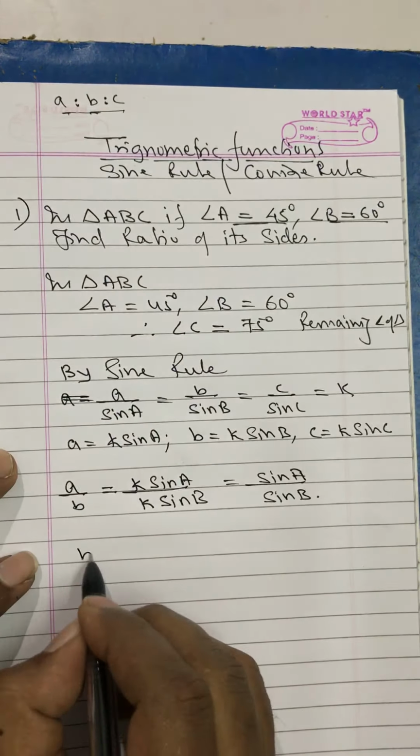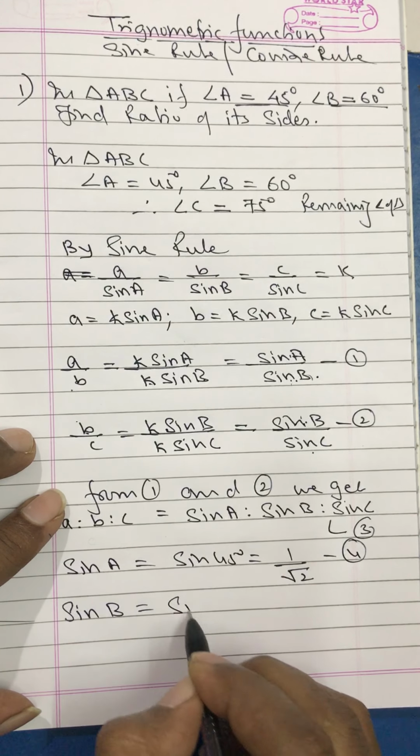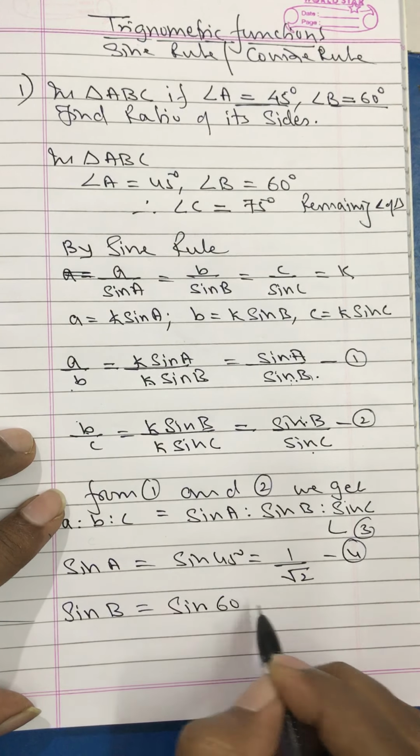Now the only thing that I have to find is the values of sine A, sine B, sine C. Sine A will be very easy to find because it is 45 degrees. Sine 45 is basically 1 upon root 2. Okay, this is done. Sine B is equal to sine 60.